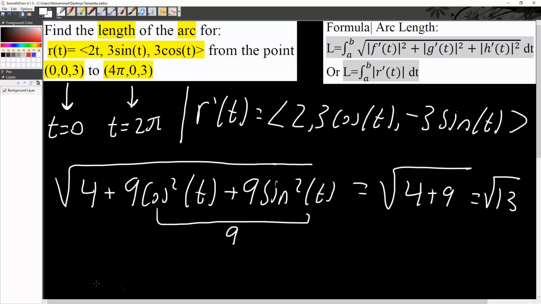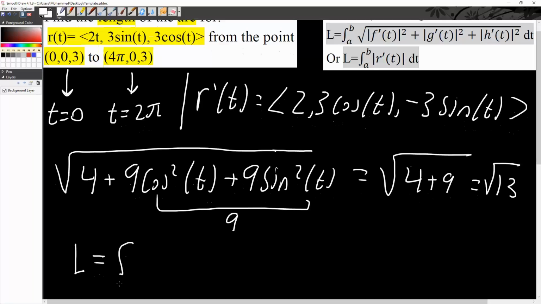So we're almost there. So we can say that the arc length, L, is equal to the integral, let me scroll down a little bit, 0 to 2π. We said our a term was 0 and our b term was 2π. And this right here is simply square root of 13 in terms of dt.